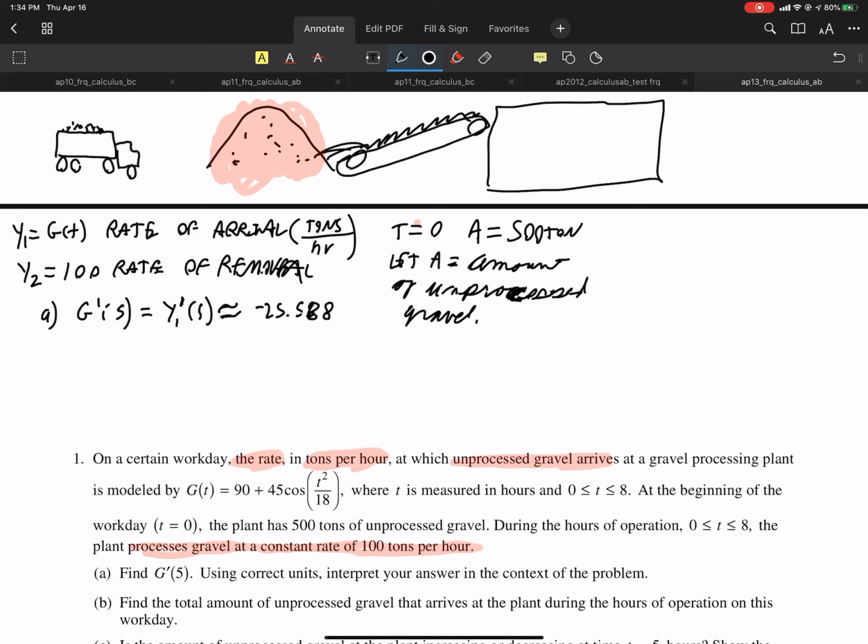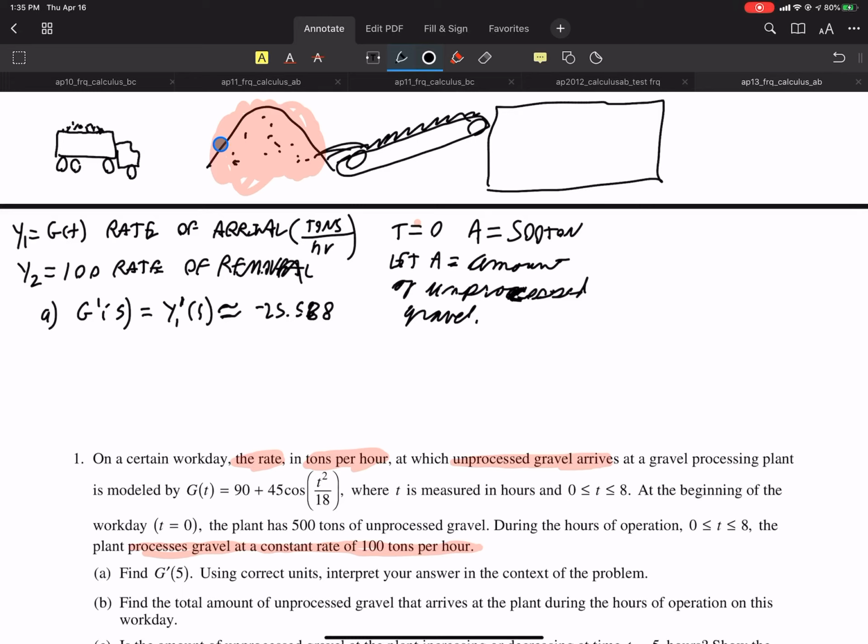Remember, go back, read the question. We found G prime at 5, but it says using correct units, interpret your answer in the context of this problem. So G prime of 5 is the derivative of G, and it comes out negative. It's important you see it's negative. And you guys should know if a derivative is negative, then the original function is decreasing. So now we know G is decreasing. So what is G?